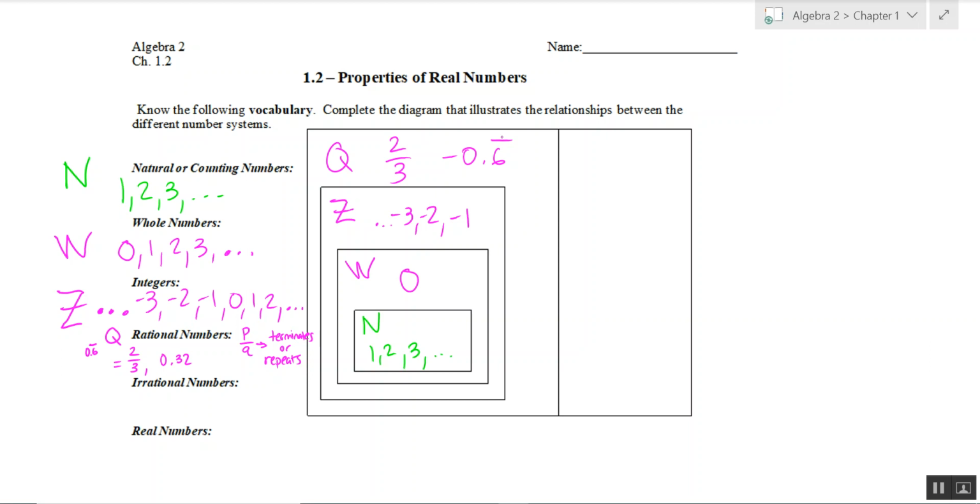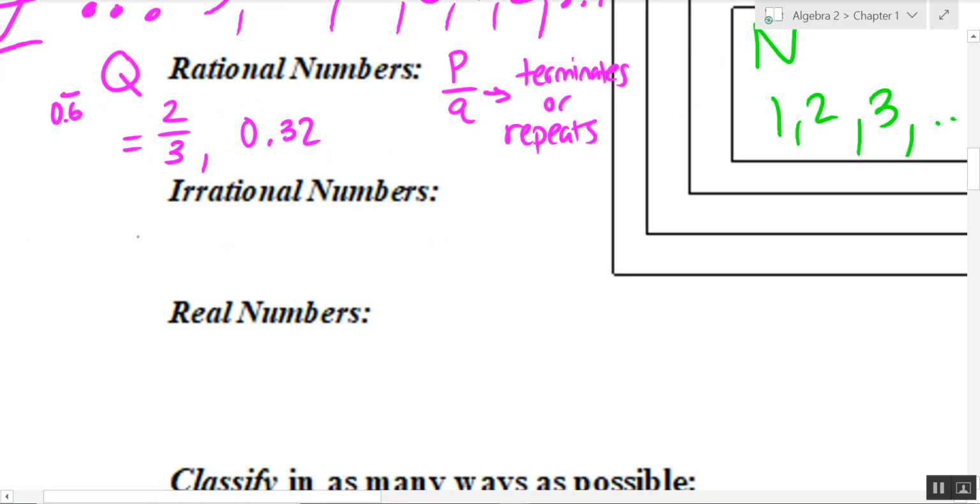All right, irrational numbers. The most famous one probably is pi. An irrational is non-terminating and it's also non-repeating. So it goes on forever, but it doesn't repeat itself.